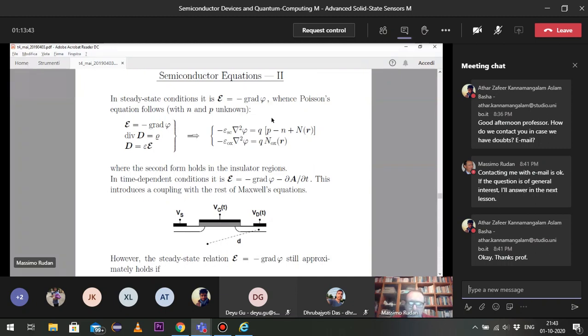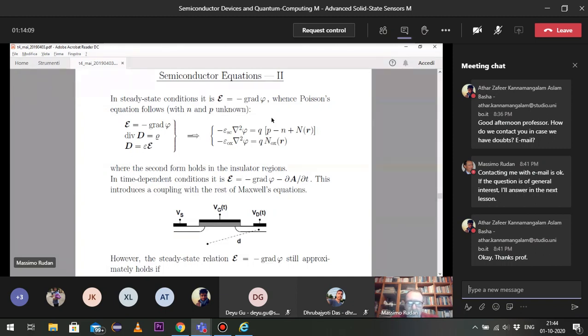So in the insulator, there are no mobile charges. There are no mobile electrons or mobile holes, okay? In principle, in the insulator, there should be absolutely no charge, okay? But it may happen that in the insulator there is some fixed charge for some reason, okay?